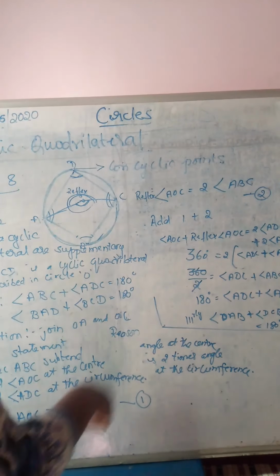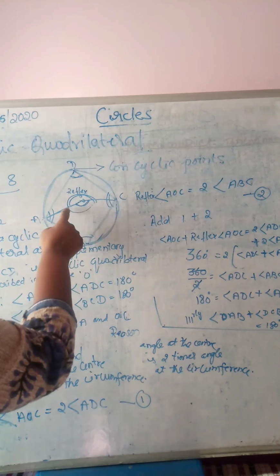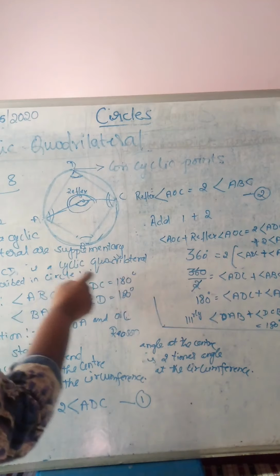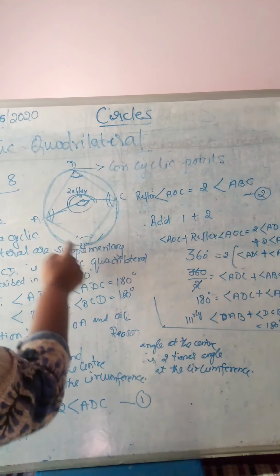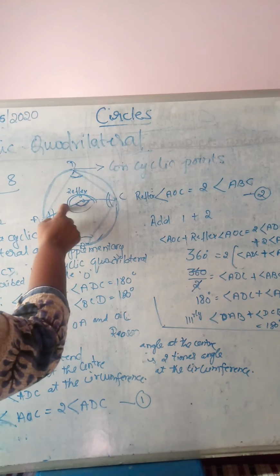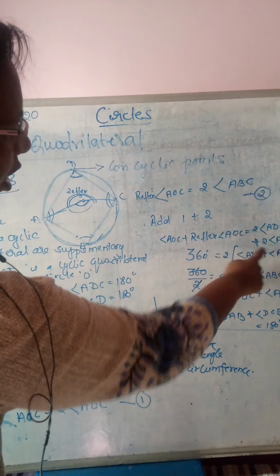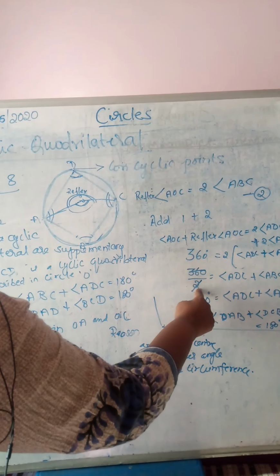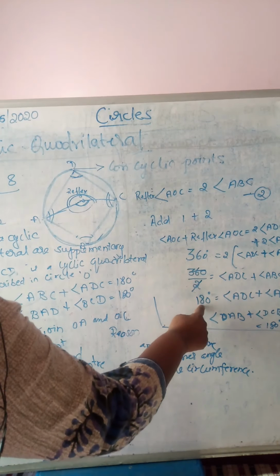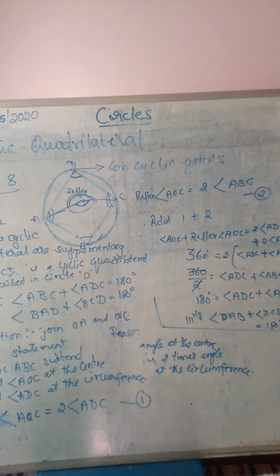Adding 1 and 2, what happens? Angle AOC plus reflex angle AOC is equal to 2 ADC plus 2 ABC. Now this angle and the reflex angle together will be 360 degrees. I have taken 2 common here, so bring that 2 down. 360 by 2 is 180. So angle ADC plus ABC is 180 degrees.